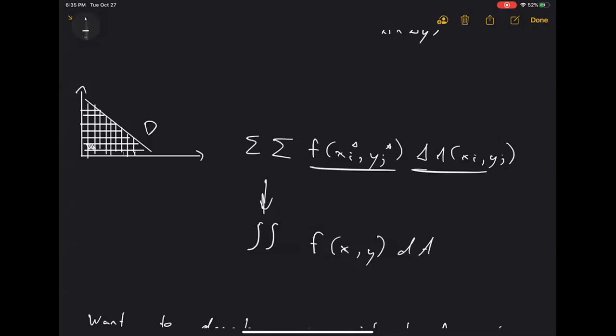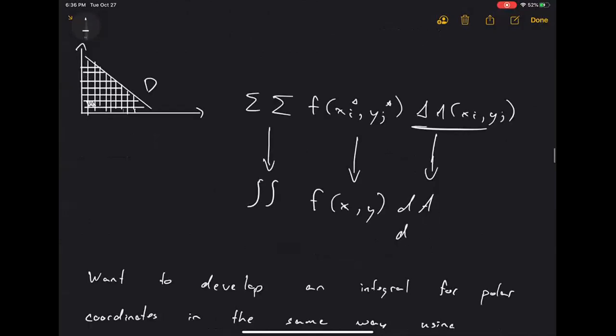Then we take the limit as the area of our base gets really small, and as we take the limit, the double sum becomes a double integral. These functional values become f(x,y), and this delta A is going to become our dA, which is really dx dy, right?